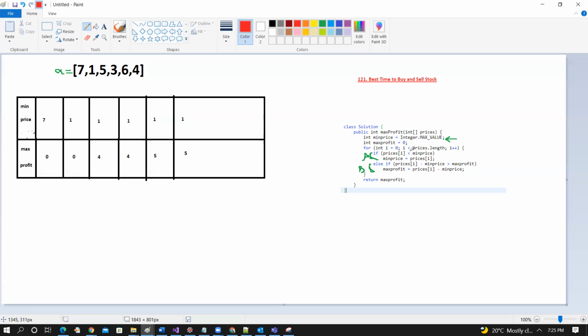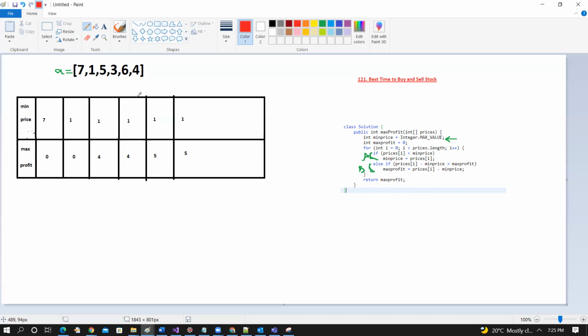In condition A, we check whether the minimum price is greater than the current element. If it is greater, then we redefine our minimum price. At the very first time, the minimum price is going to be 7, right? The next condition B calculates the profit, and we need to go with the maximum one. So that's why we put this condition block.